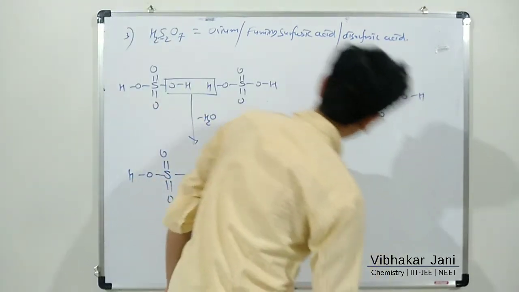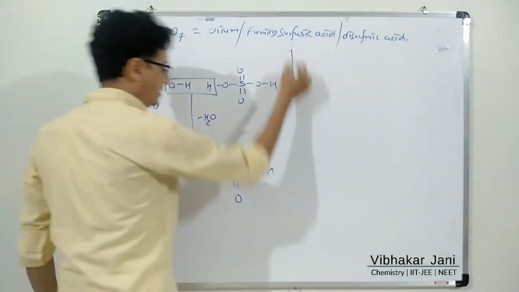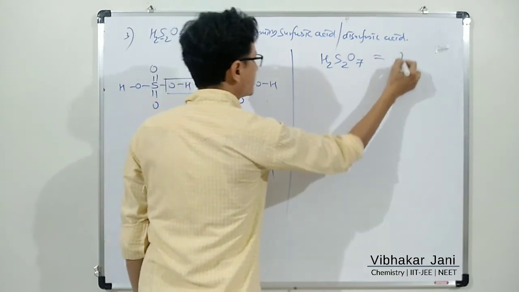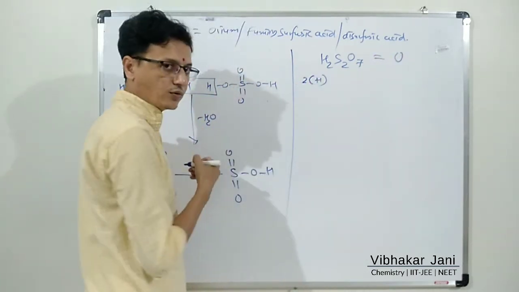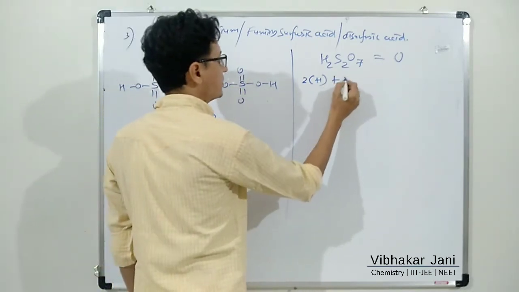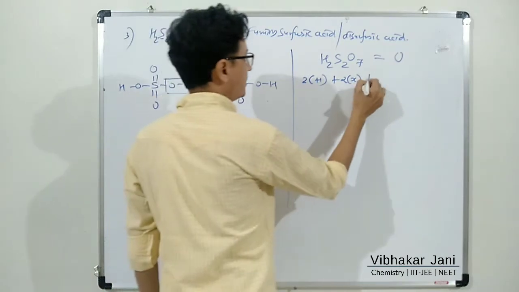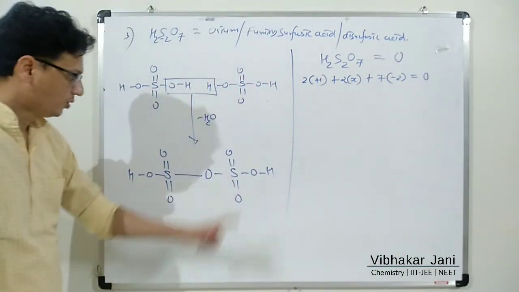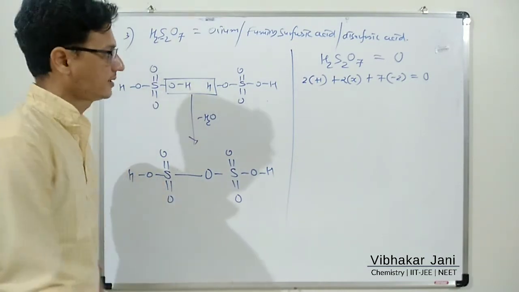And if we want to find the oxidation state, then the classical method is to use: H2S2O7 is equal to 0. 2 multiplied by the oxidation state of hydrogen, that is +1, plus 2 multiplied by, for sulfur we will put x, plus 7 multiplied by -2, because all oxygens are normal oxygens, no peroxy linkage is present.